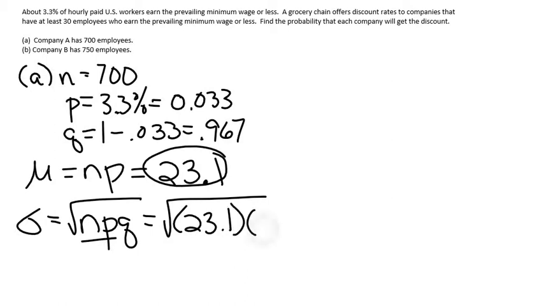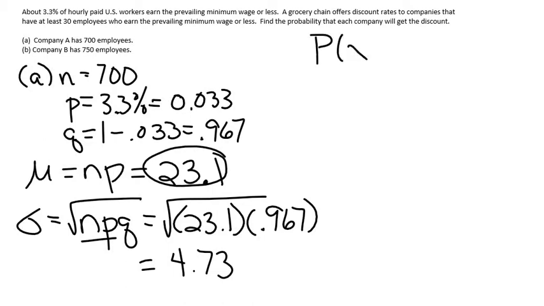Then we're going to multiply this by 0.967. And this is going to be approximately equal to 4.73. Now that we know the mean and the standard deviation, we can calculate the probability.